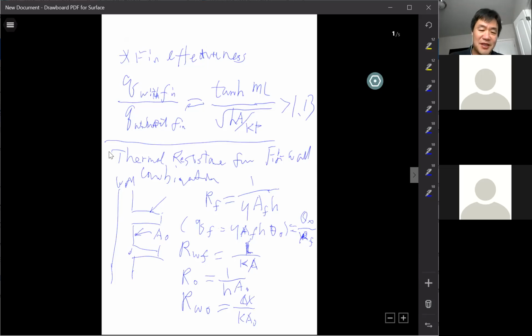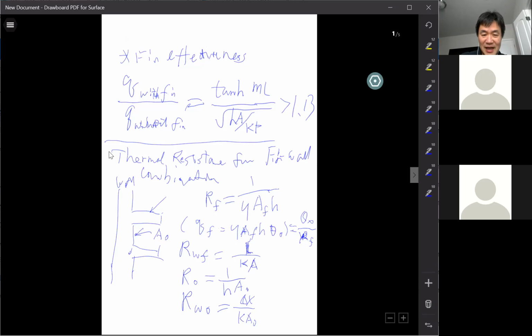So there are four components. How do we arrange them? You have conduction going into the fin and then going out. This is a series circuit. The two items, RF and R wall F, should be in a series configuration. But the fin and the area without the fin, these two are in parallel.